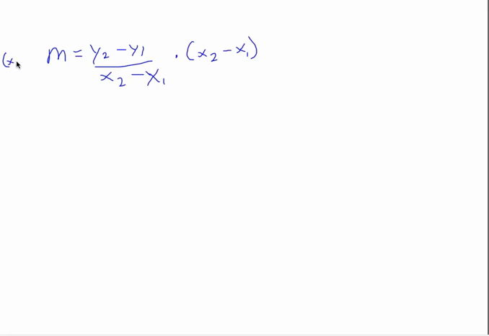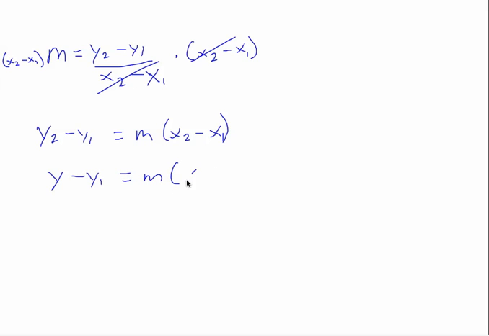So we multiply both sides by x2 minus x1, and this cancels, and I can just rearrange the sides, and we have y2 minus y1 equals m times x2 minus x1. And if instead of writing a specific point x2, y2, we use the general point x, y, then we have this equation, which is the point-slope form.